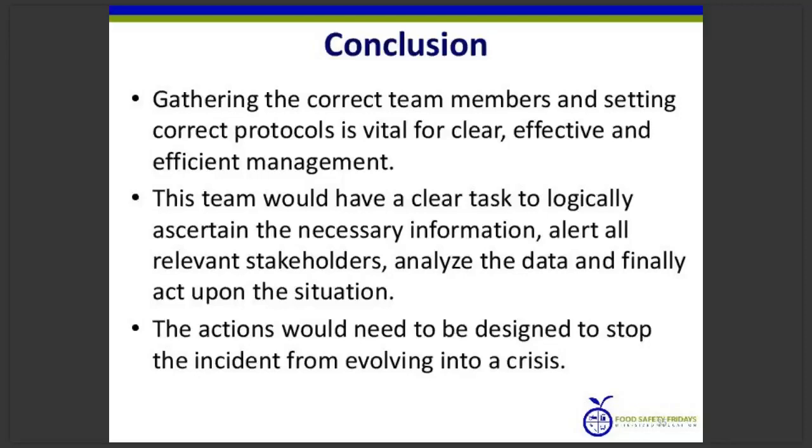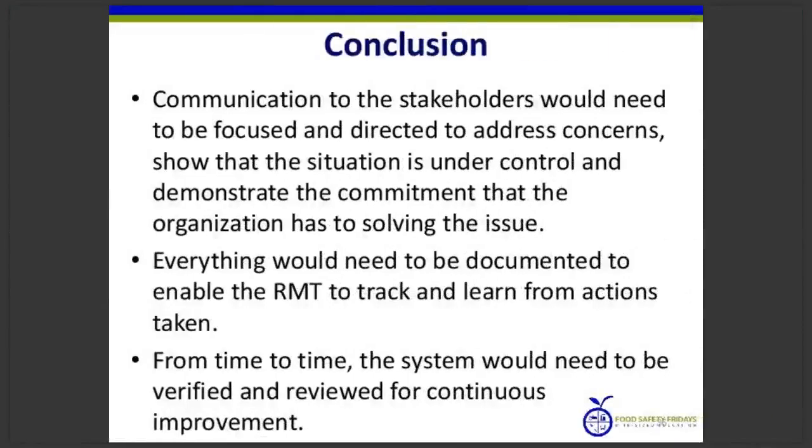And this team would have a clear task, as we said, the risk management team objectives: to logically ascertain the necessary information, alert all the relevant stakeholders, analyze the data, and finally act upon the situation itself. The actions would also need to be designed to stop the incident from evolving into a crisis.